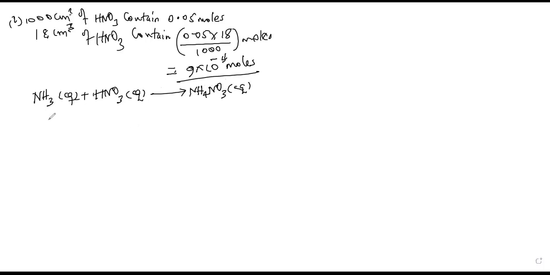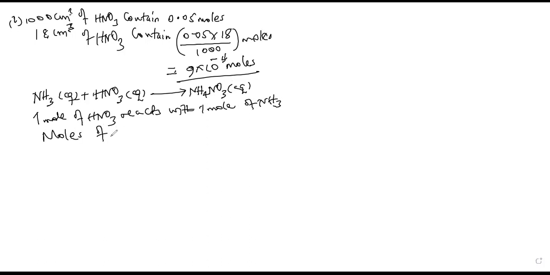So by mole ratio, you can see that 1 mole of nitric acid reacts with 1 mole of ammonia, implying that the moles of ammonia reacting will be the same, 9 times 10 to the power negative 4 moles.